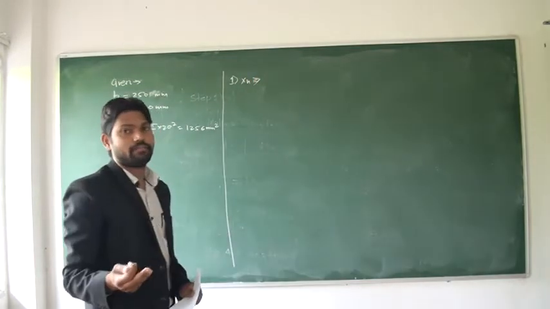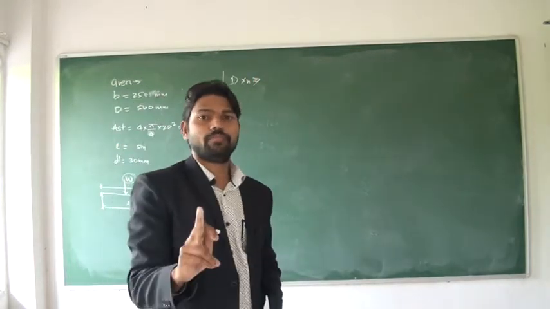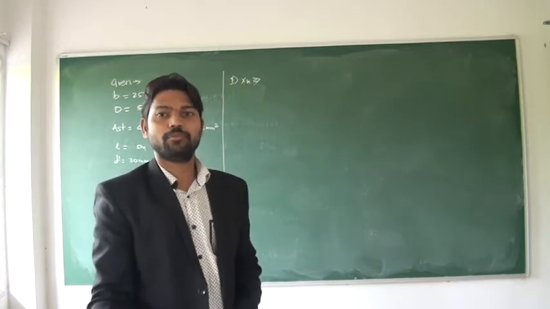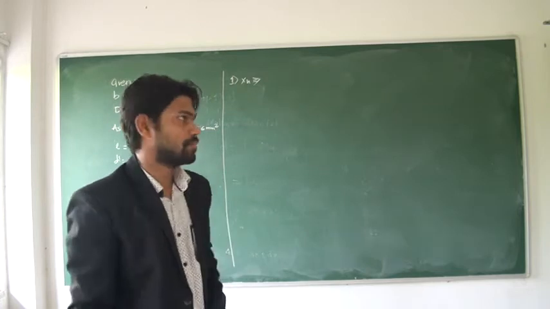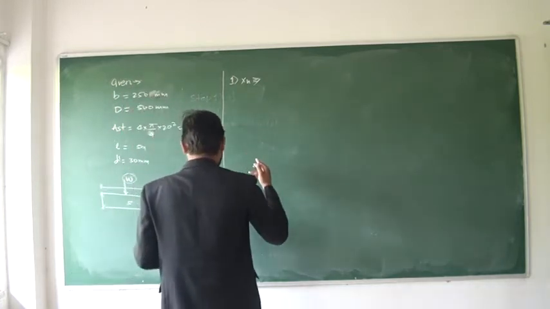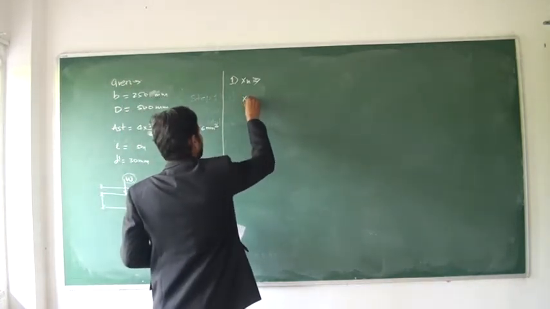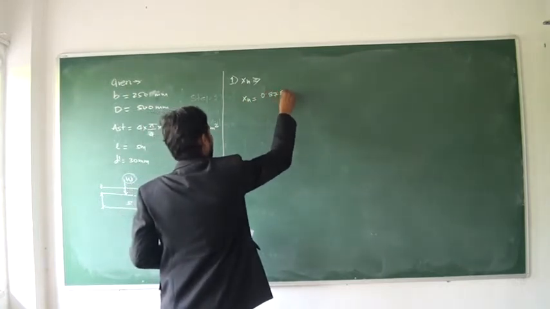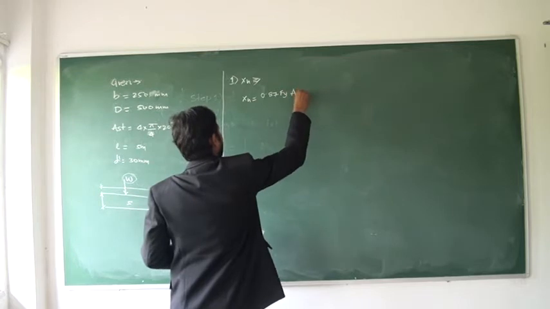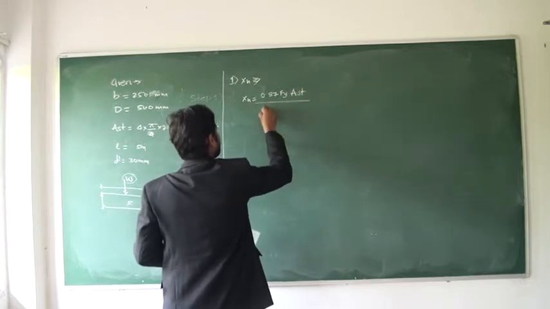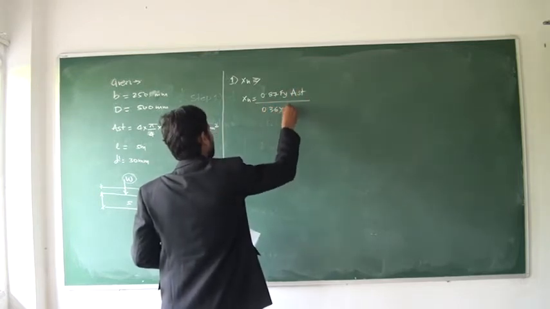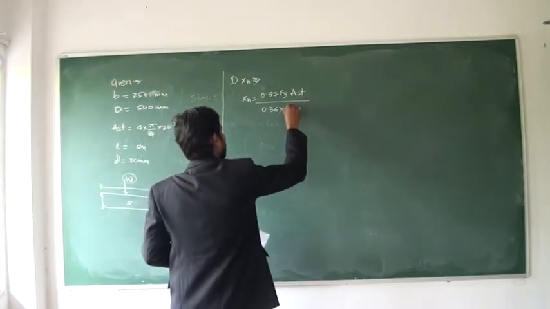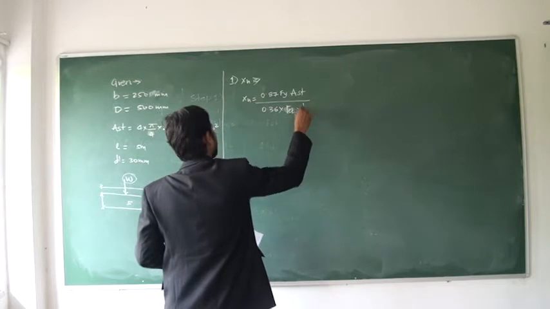So how will you define whether the section is under reinforced or over reinforced? If you calculate Xu value, you will get to know whether the section is under reinforced, over reinforced or balanced. So for that we have this general equation of Xu, that is 0.87 fy into Ast divided by 0.36 fck into b.